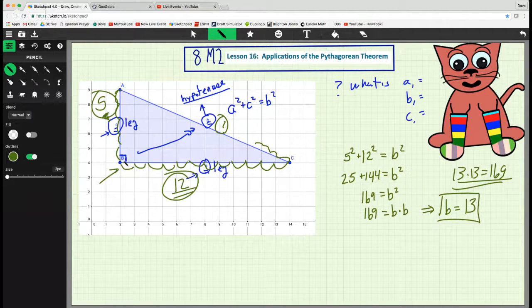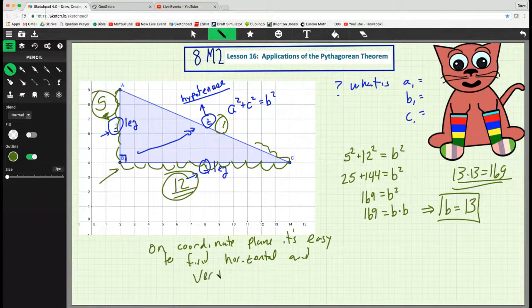Vertical lines and horizontal lines on the coordinate plane are really easy to figure out lengths. Horizontal and vertical distances are easy to find.